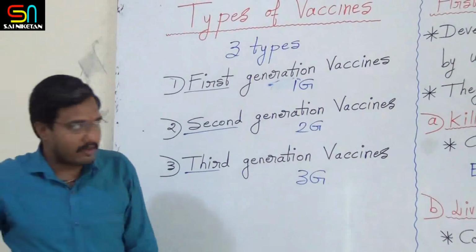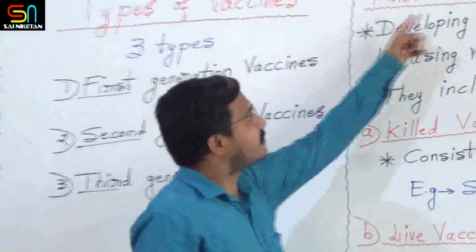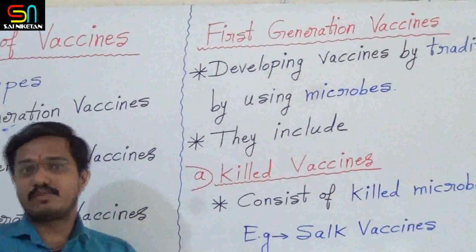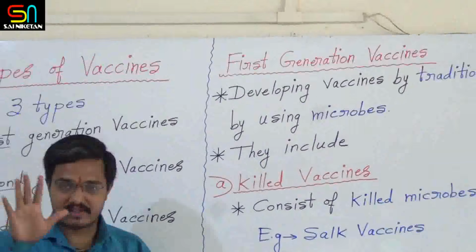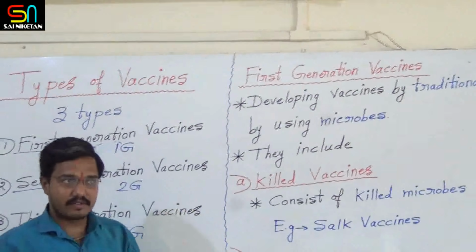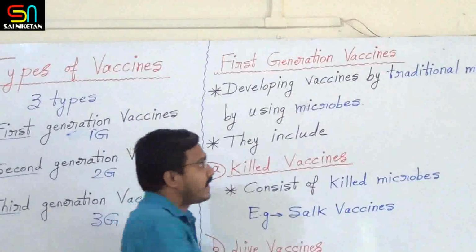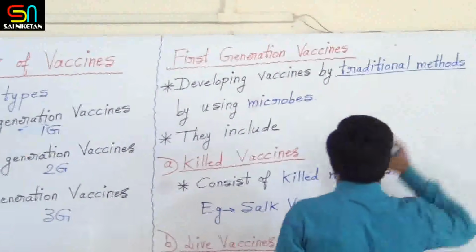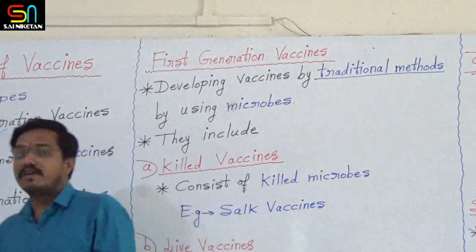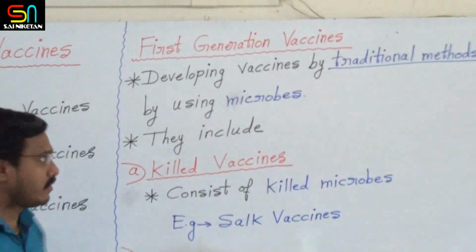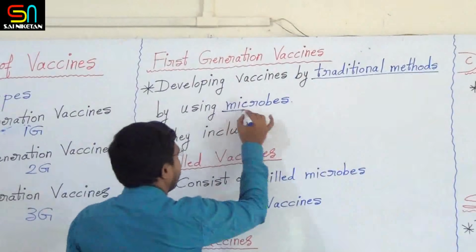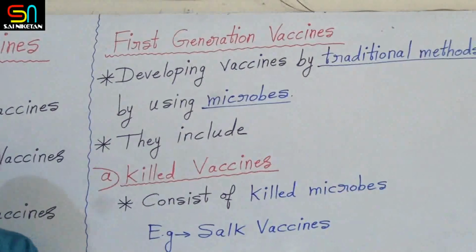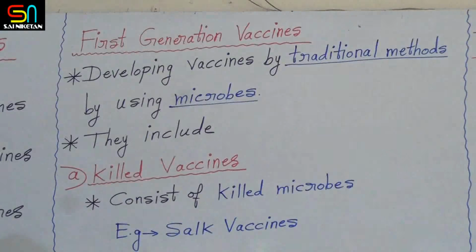So let us come to the first one. First generation vaccines are the first vaccines produced, by traditional methods, directly using the microbes. So what are first generation vaccines?